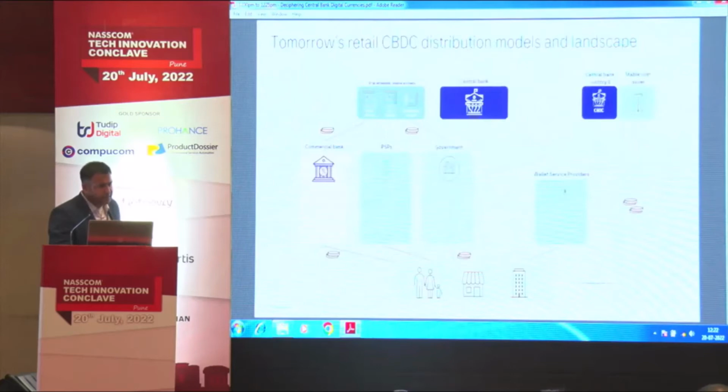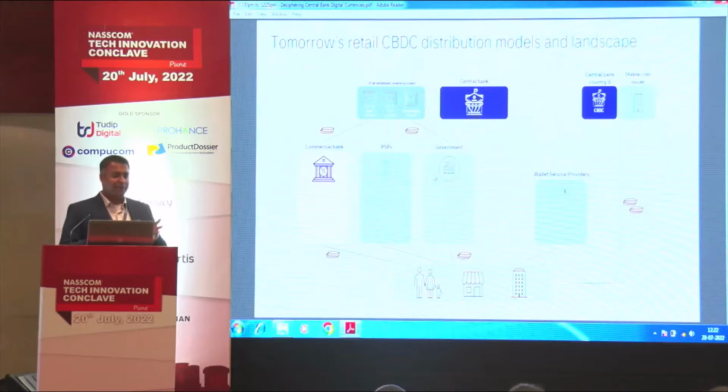Like I said, a lot of central banks are also interested in opening up more channels to distribute the digital currencies. For example, it can be through the commercial banks, it can be through PSPs like Paytm, Google Pay. It can also be through the government paying subsidies and social security benefits directly to the end users, right? And there is also a discussion in at least some geographies on how we can have cross-border payments implemented through central bank digital currencies.